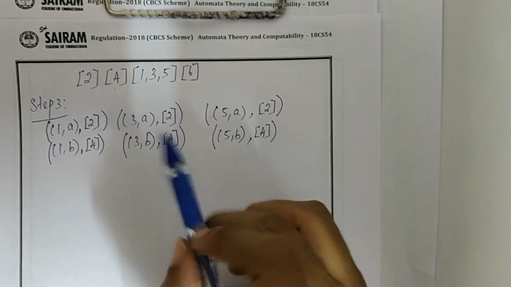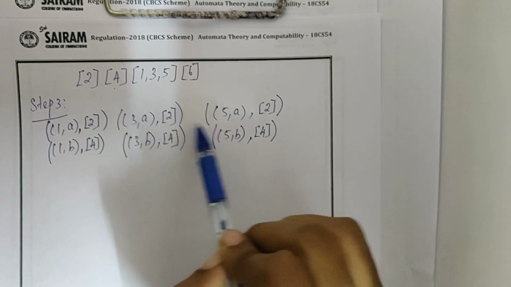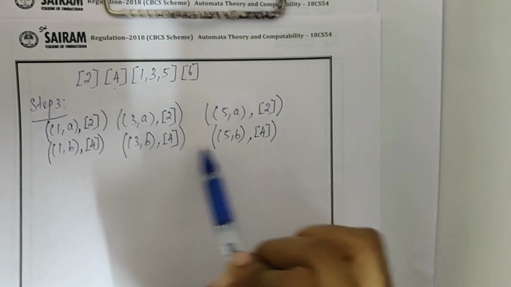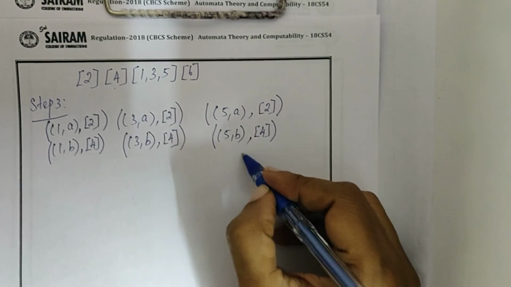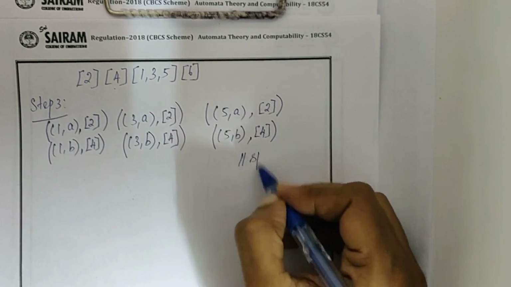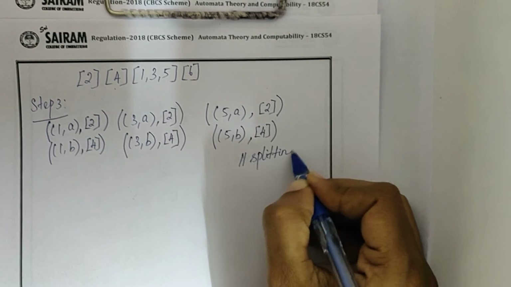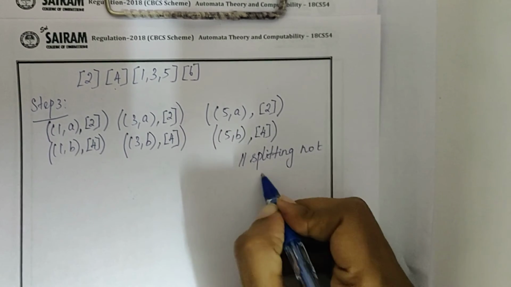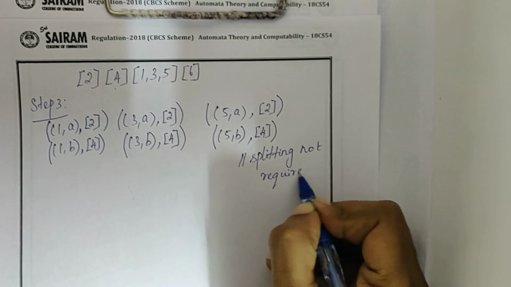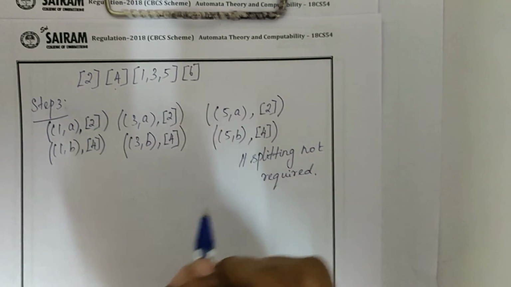Correct. Now check all A transitions, it is moving to 2, all B transitions, it is moving to 4. What command should I write? Splitting not required. Right.